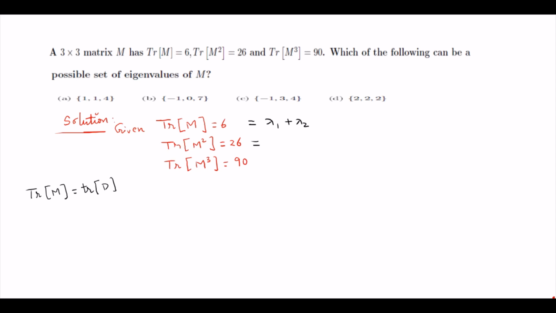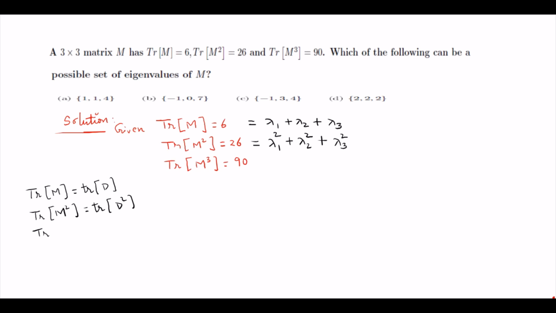Now what about here? So trace of M power 2 is nothing but what? Trace of diagonal square. So therefore this is lambda 1 square plus lambda 2 square. Since this is a 3 by 3 matrix, I have to put one more eigenvalue, so lambda 3 square.